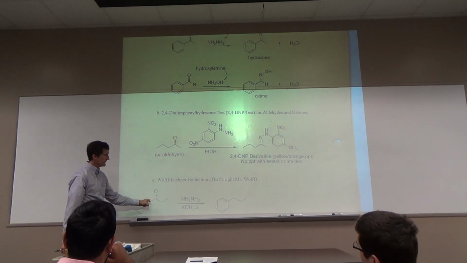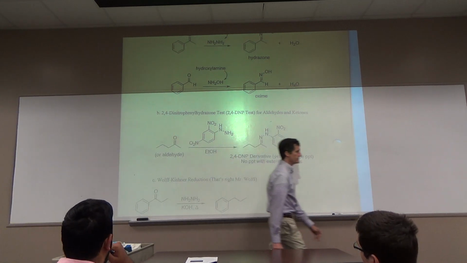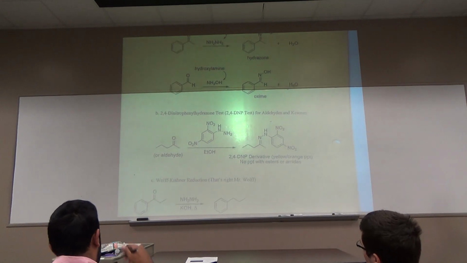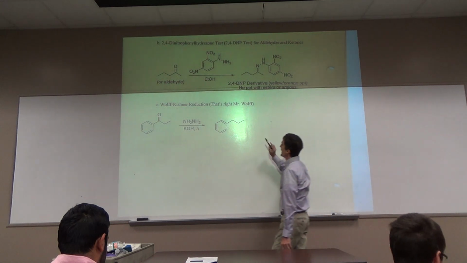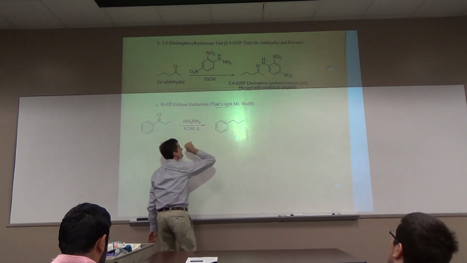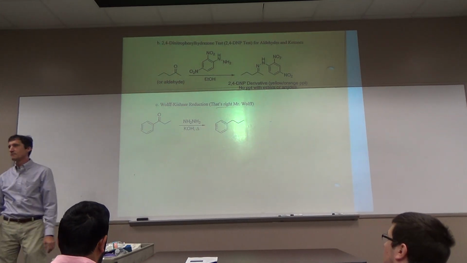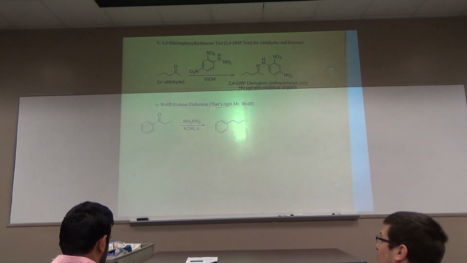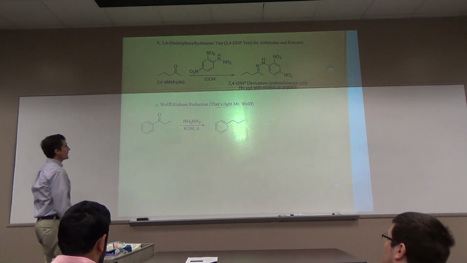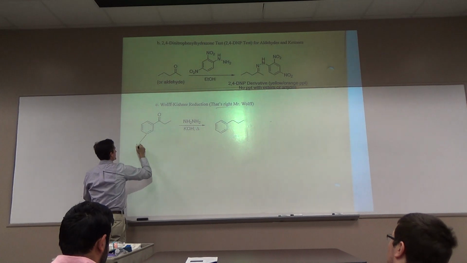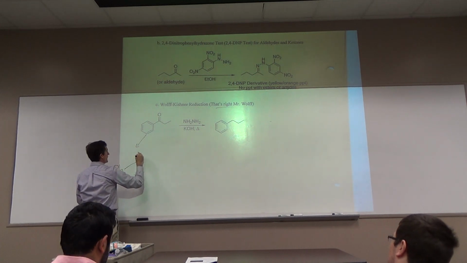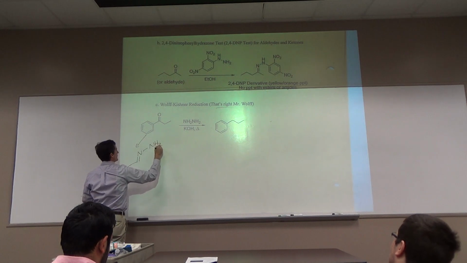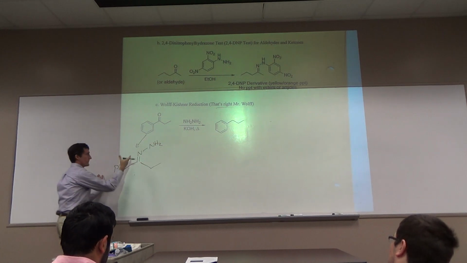So we said we'd look at the mechanism later. Well, now is later. Wolff-Kishner. That's right, Mr. Wolff. Anybody know where that came from? Okay, we can do this reaction here. The first thing we form is the what?